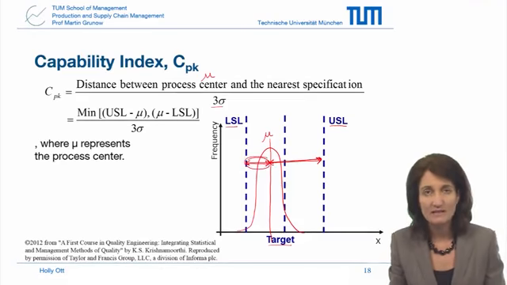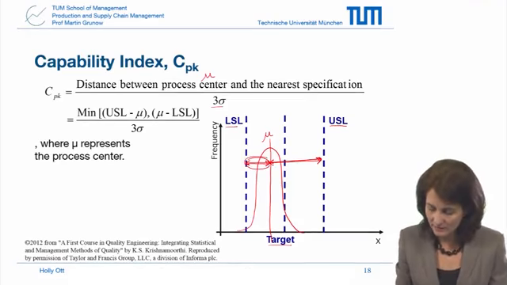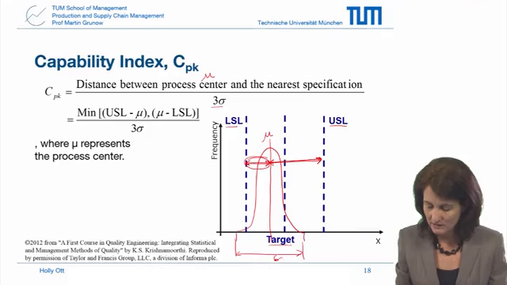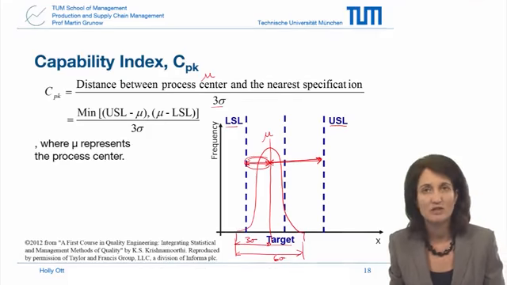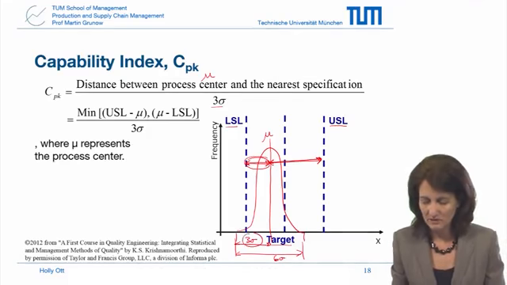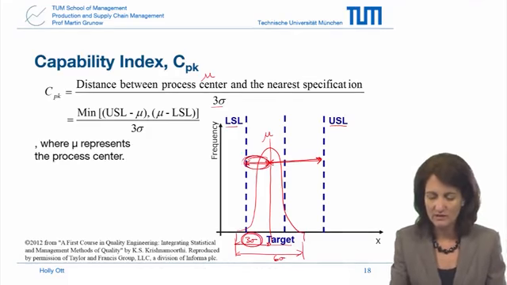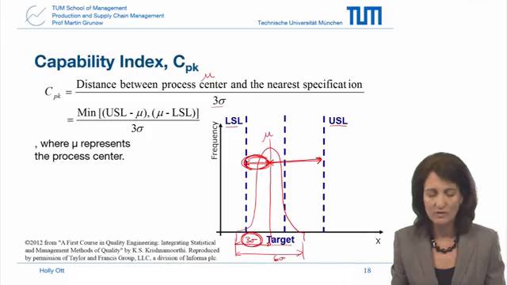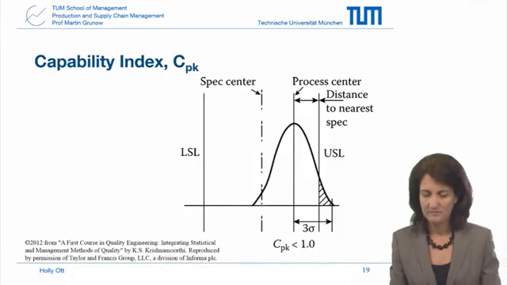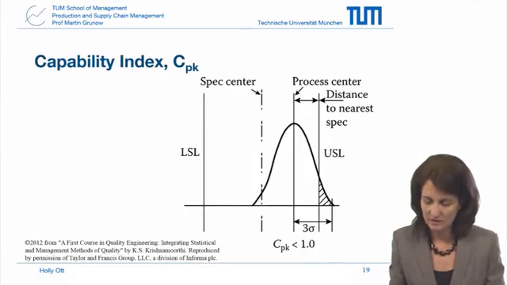You take that value and divide it by, before we had 6 sigma, the entire distribution. Now we're looking at only 3 sigma, half the distribution. So we take the critical distance over 3 sigma. Here for the example, here's our target, lower spec limit and upper spec limit.